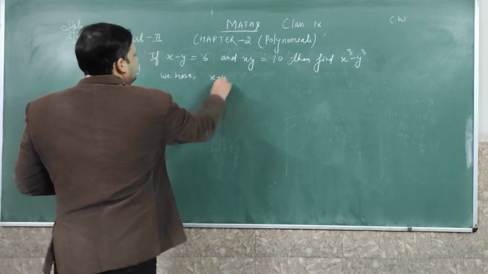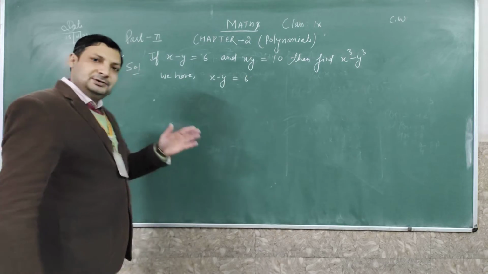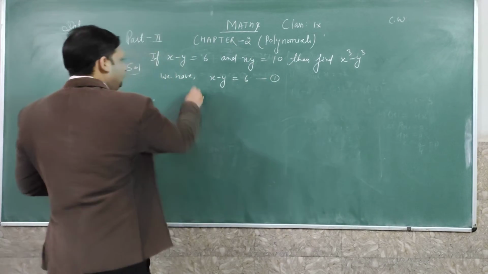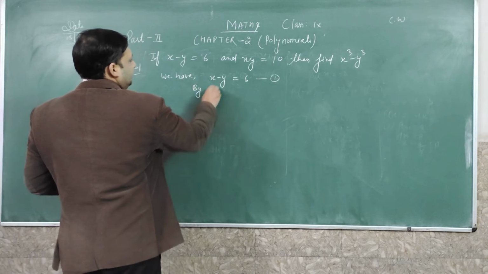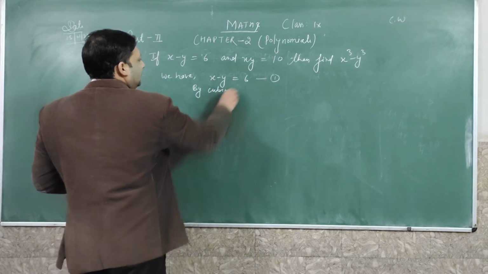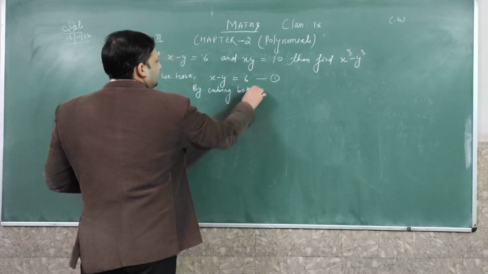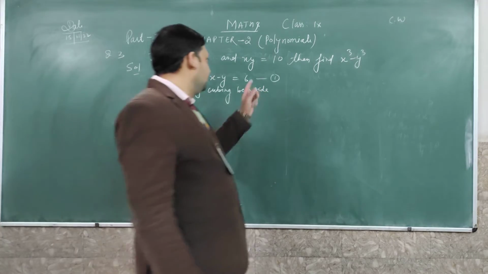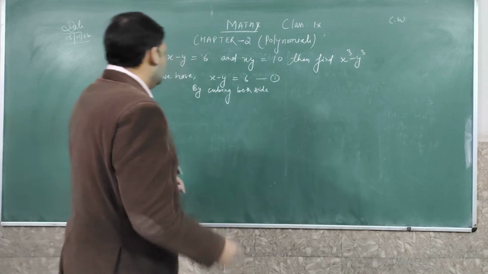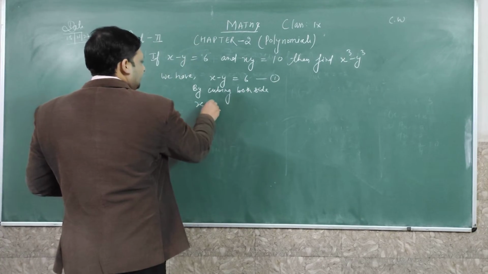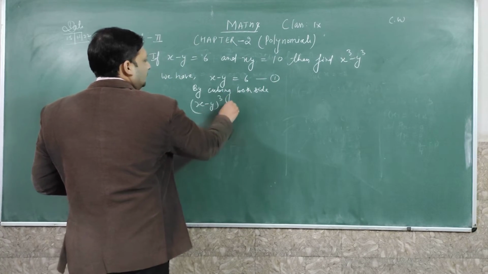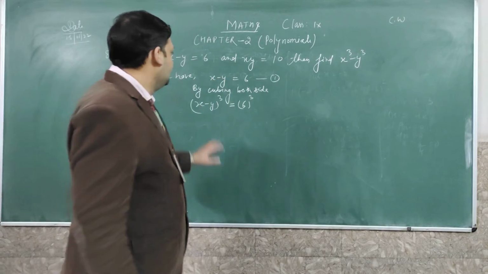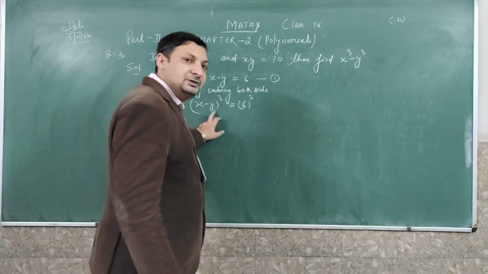We have x minus y equal to 6. That is given. It is equation number 1. By cubing both sides, it means we are cubing equation number 1 on both sides. So x minus y whole cube equal to 6 cube. Because we have cubed both sides, now it is a minus b whole cube.